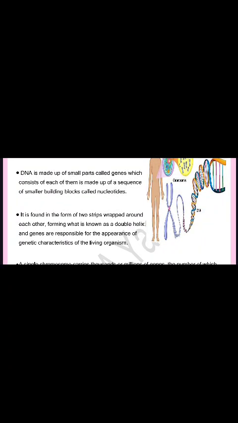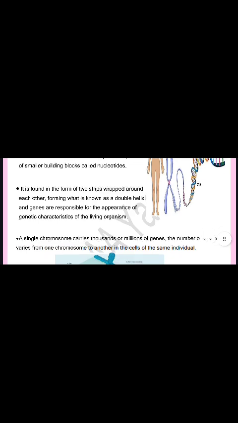DNA is made up of small parts called genes, each of which is made up of a sequence of smaller building blocks called nucleotides. It's found in the form of two strands wrapped around each other, forming what's known as the double helix.